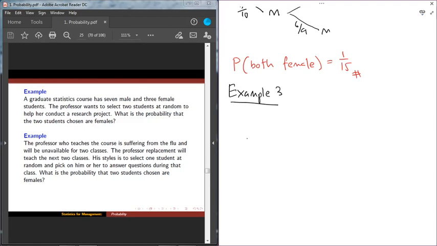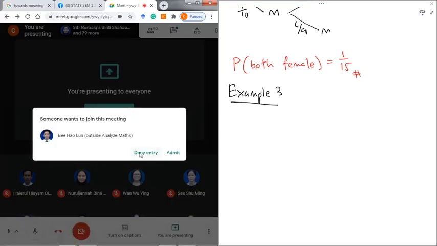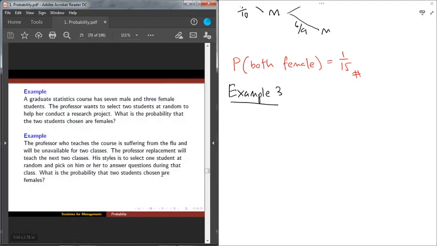Now his style is not like the professor. The professor likes to choose the students immediately, but this replacement guy likes to choose the students one by one. His style is to select one student at random and pick on him or her to answer question during that class. So what happened here is he will choose one student.